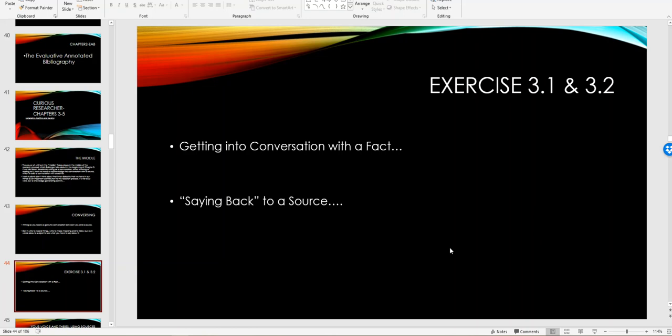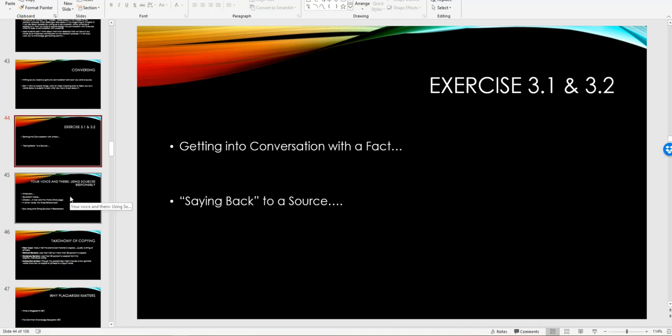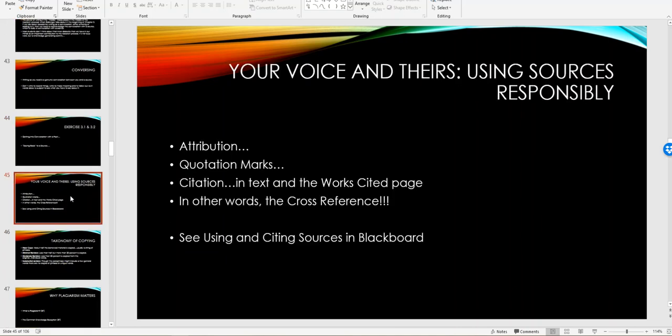The idea here is to understand how you get into that conversation with one of your sources. So you want to make sure that you're able to get that information out of your sources and have a conversation, right?